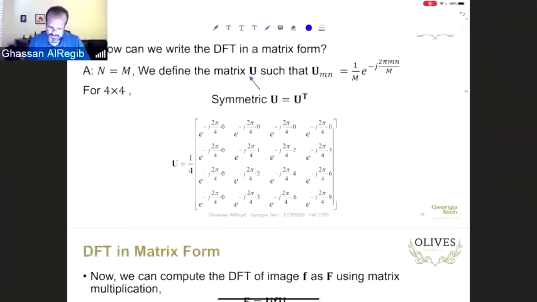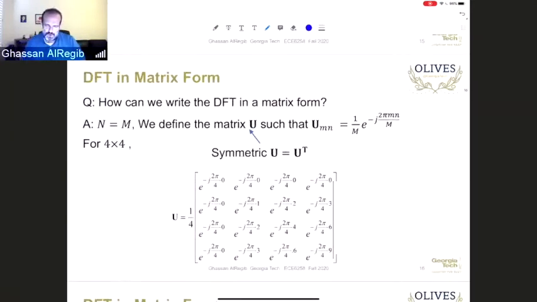Here, yes. So now for a 4x4, if I take every element, the first one here, this one is basically one element that is computing the basis function entries in the matrix that I will use for any 4x4 DFT, meaning that it's independent of the input, right?